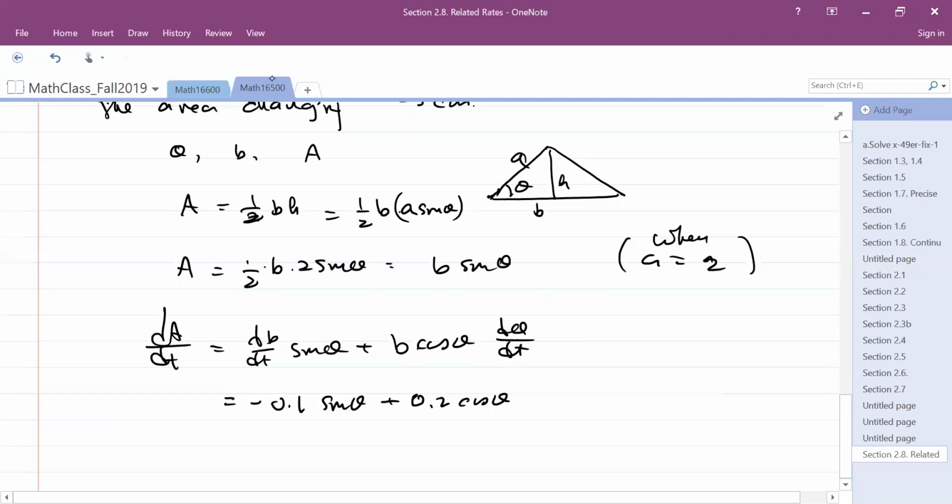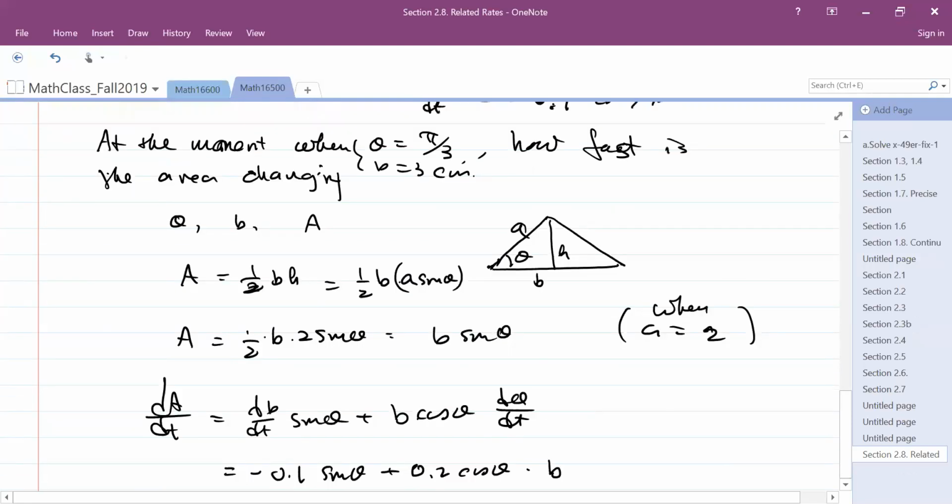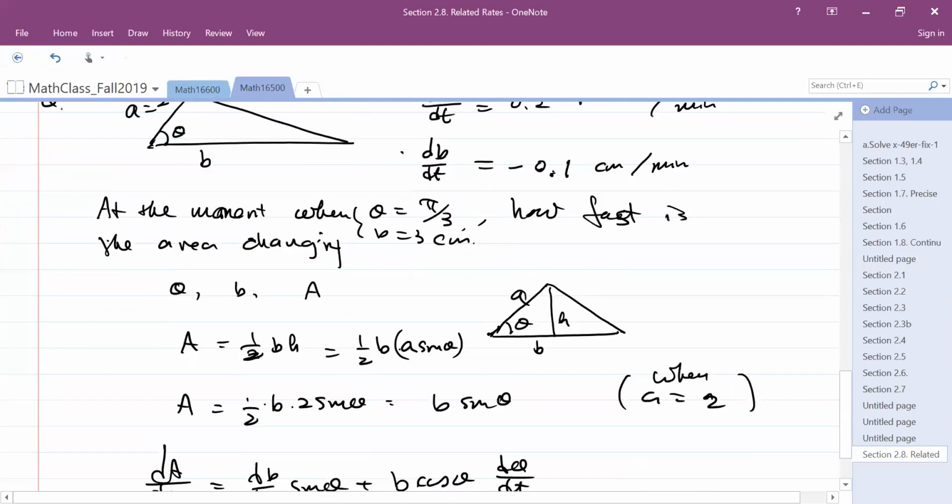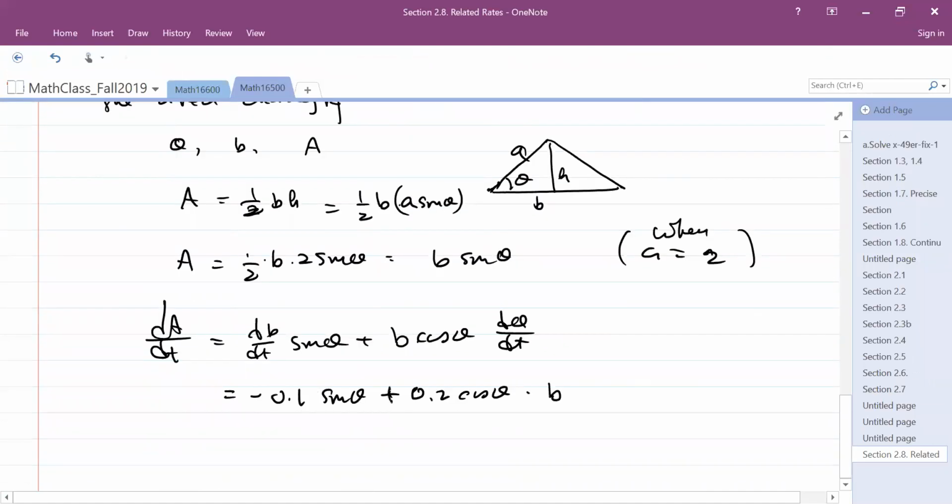We have additional information here: this is b, the derivative of b is negative, and d theta dt is positive.